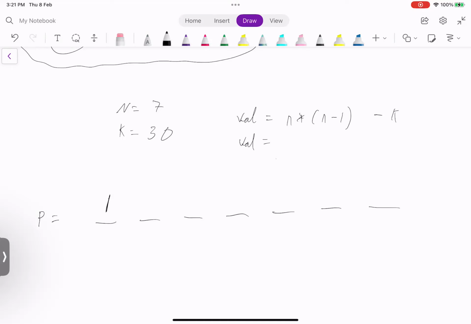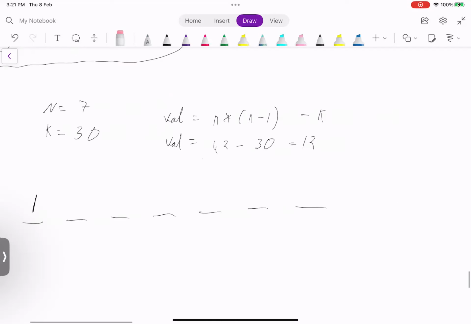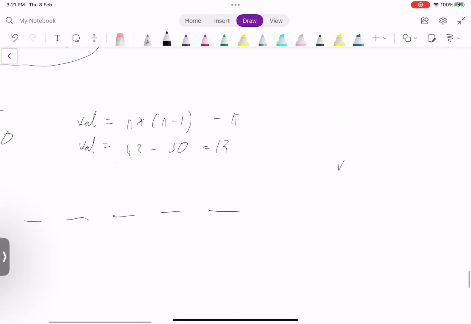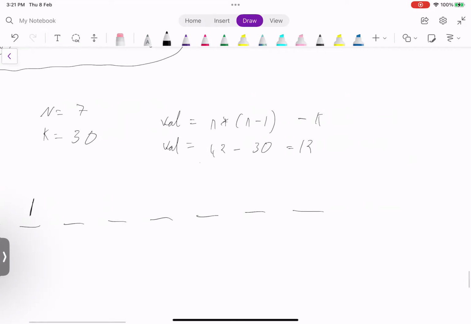So our value will be 42 minus 30, which is 12, right? So now value is 12. So we must arrange the sequence in such a way that will nullify this 12 that we have, right? So the first basic condition is 12 should be greater than or equal to n minus 1, which is 6, and it is greater than or equal to 6. So till here it is valid. Now let's see.